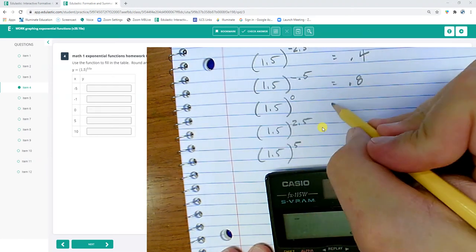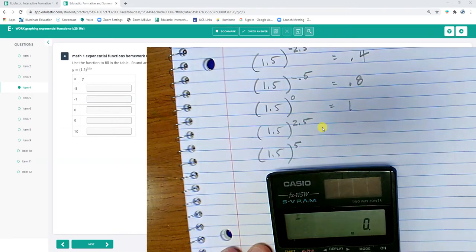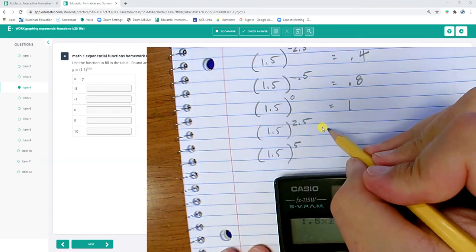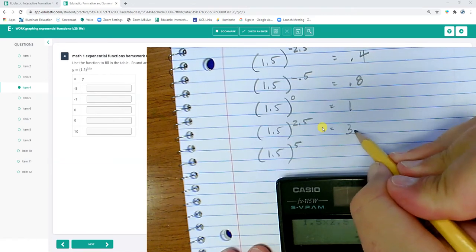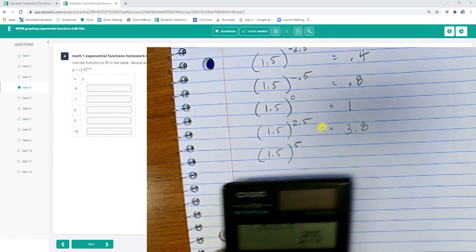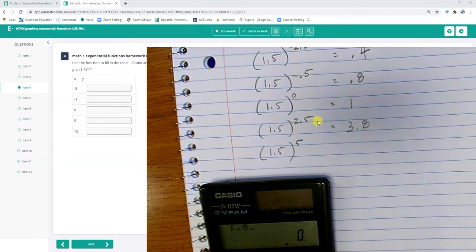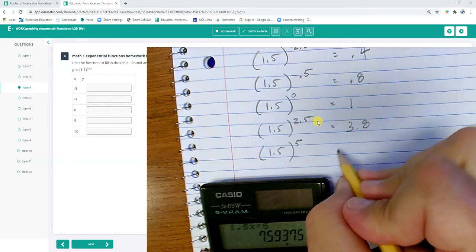Anything raised to the 0 power is 1. 1.5 raised to 2.5, 3.75, which is 3.8 with the rounding. And 1.5 raised to the 5th power, it's going to be 7.6 with the rounding.